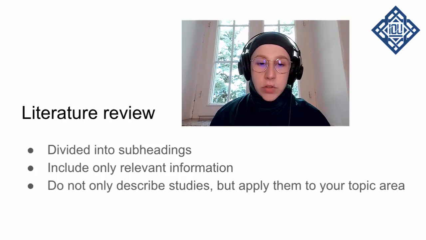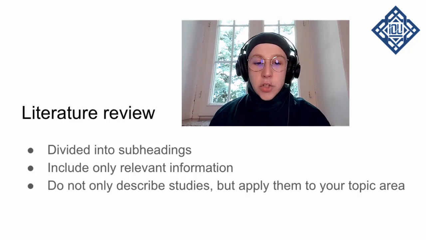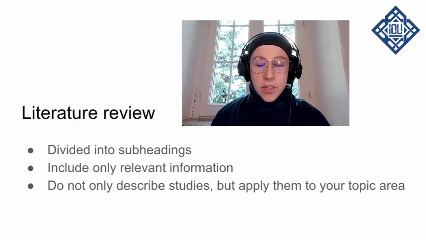Now, the literature review is much simpler in its structure, and again, should be divided into subheadings, but it is not as strict as the introduction, the way subheadings have to be included. And you should divide it into subheadings pertaining to the topic you are going to review.